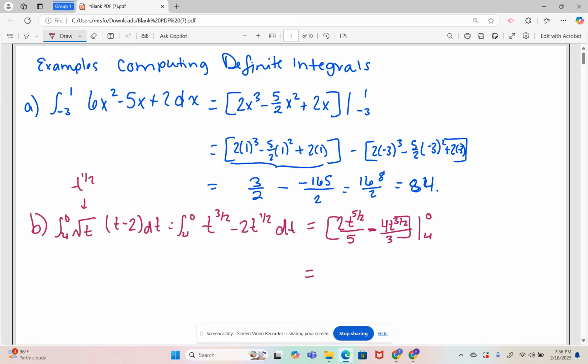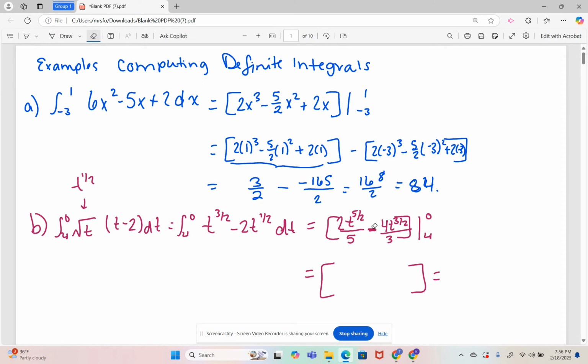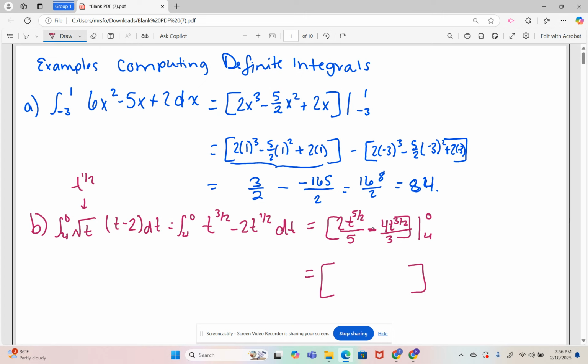So we found our antiderivative, and now we can substitute. Remember, it's always the upper minus the lower. So that would be t to the 5/2 at 0. Obviously, that's going to be 0.